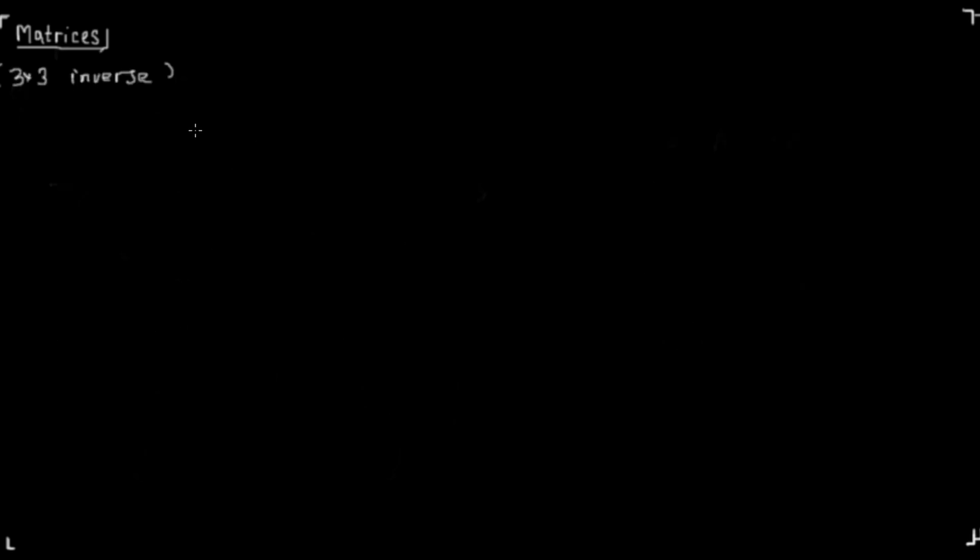Okay, so we found out how to find the inverse of a 2 by 2, right? So from here, let's figure out how we find the inverse of a 3 by 3, right? There are a lot of steps to it, but it's not that hard if you just focus a little bit. Let's take the matrix A equal to 1, 2, 3, 0, 1, 4, and 5, 6, 8.